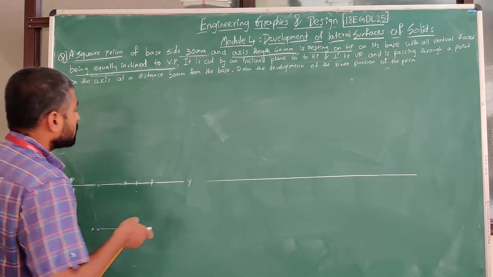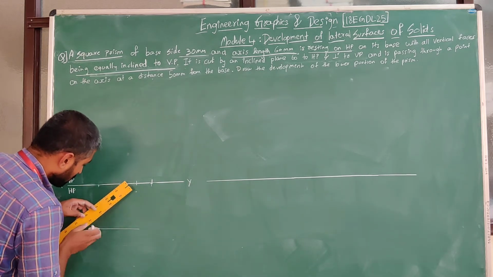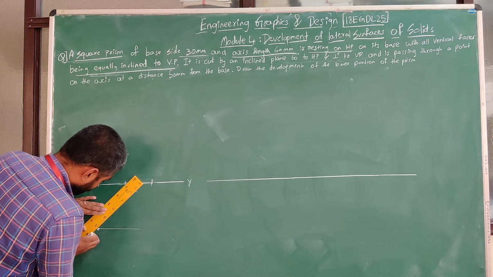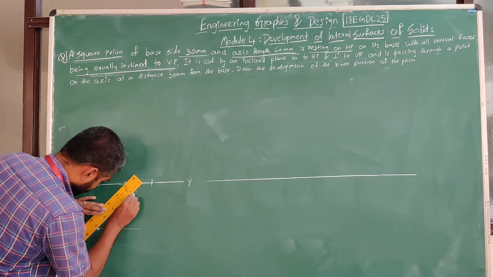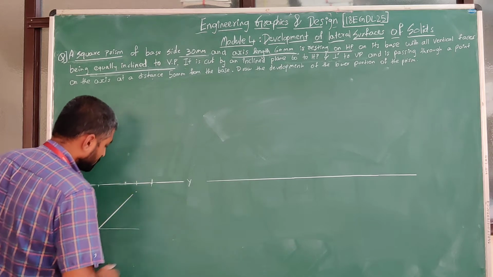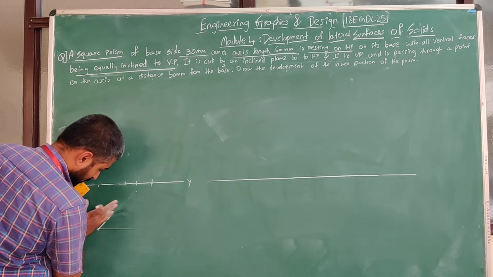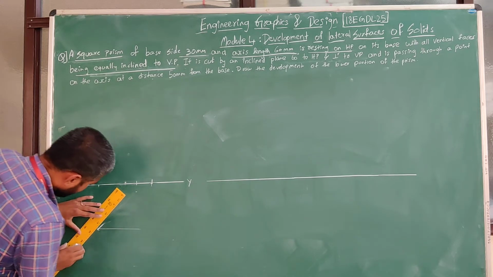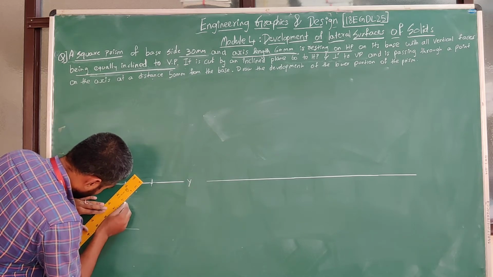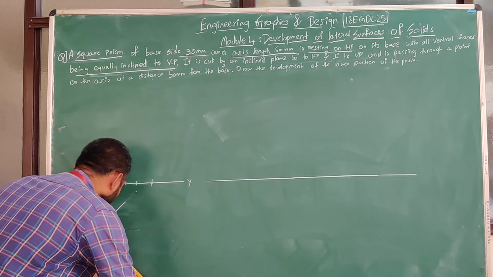Now you can see the edge length is 30 mm, right? So I mark the point here and draw the 30 mm line. Same thing at the bottom side.